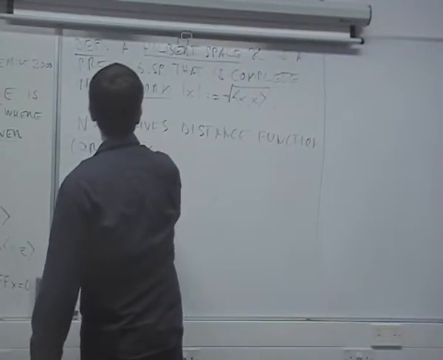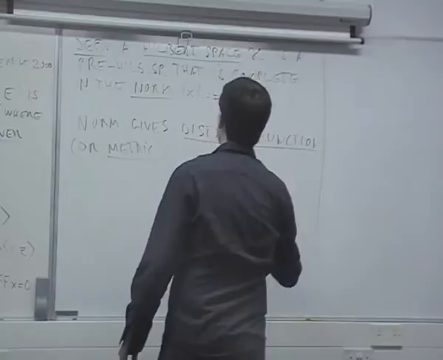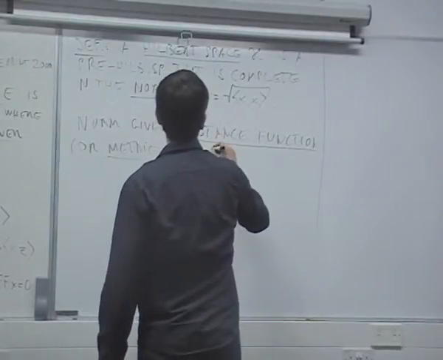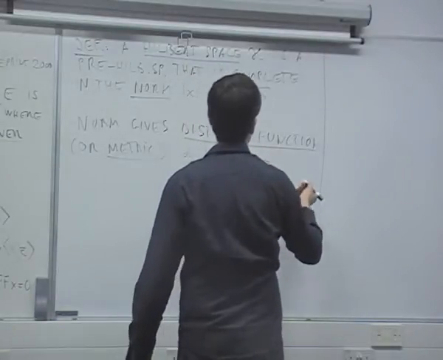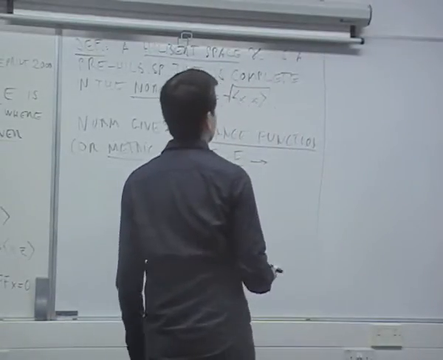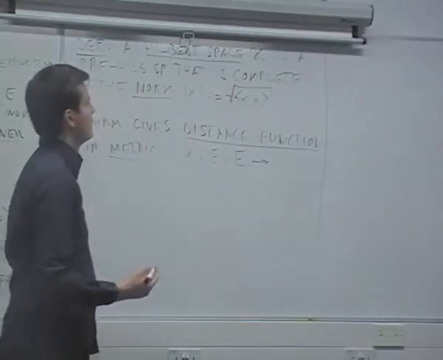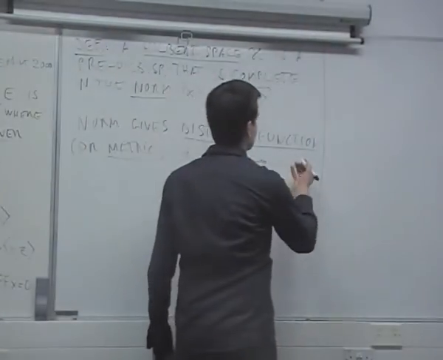The distance function, or metric, also goes from E times E into, well, actually, it of course does go into K, but we can be much more specific here.